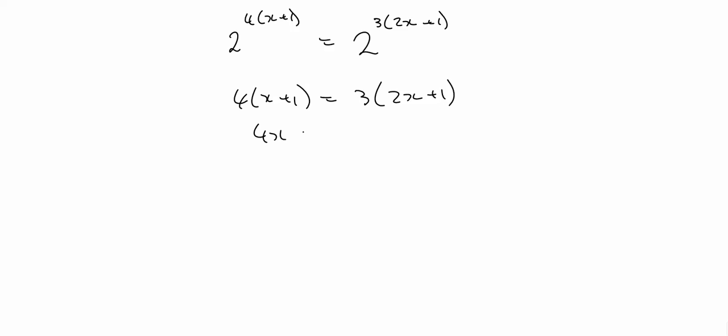Expanding the brackets, 4x plus 4 is 6x plus 3. Rearranging the equation, subtracting 4x from both sides, we'd have 6x minus 4x is 2x, and subtract 3 from both sides would say equals 1, so x is a half.